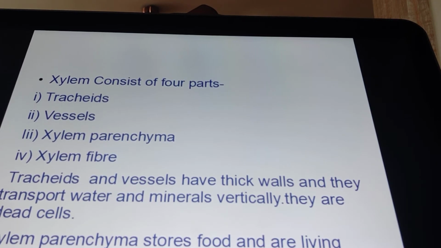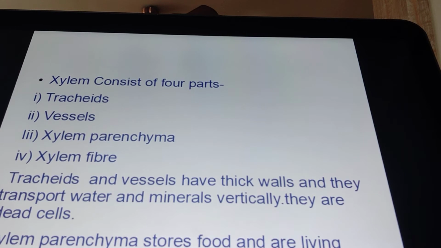Both ends are pointed, with a thick wall due to the deposition of lignin. Lignin is a chemical substance which makes the cell hard. So tracheids have a thick wall due to the deposition of lignin.